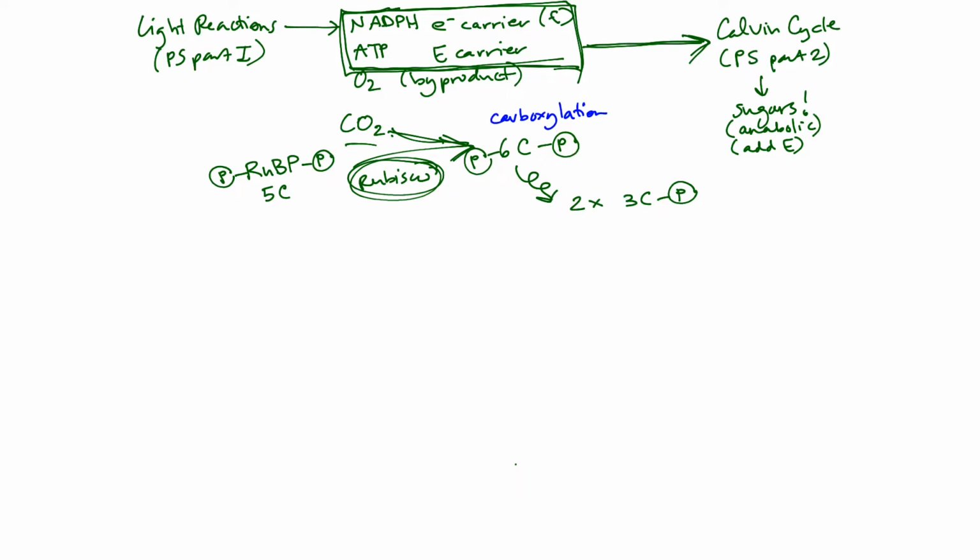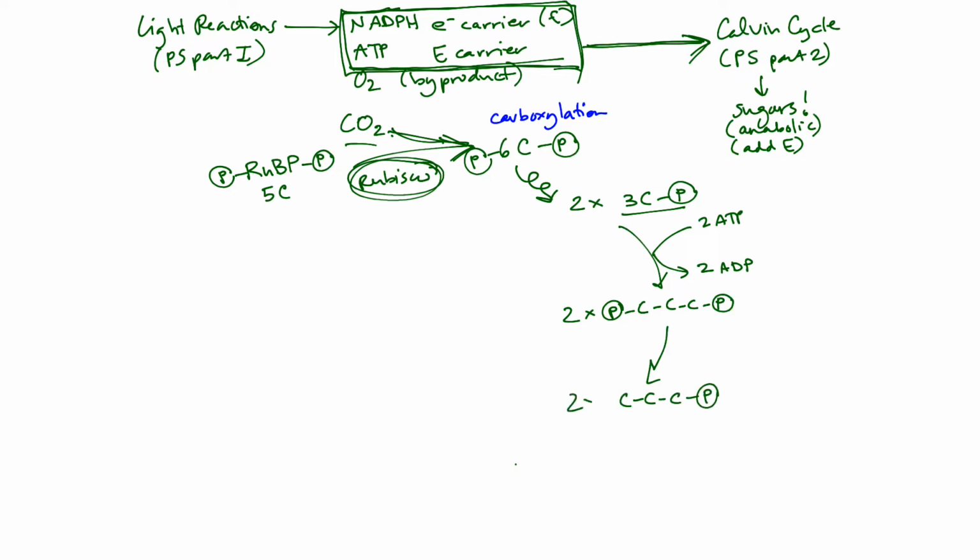Now, once we've got these 2 3-carbon molecules, we're going to take 2 ATPs, and then, of course, release 2 ADPs to produce a doubly phosphorylated molecule. And of course, we'll have 2 of those as well. Next, we're going to lose one of these phosphate groups yet again to produce a singly phosphorylated molecule, G3P.